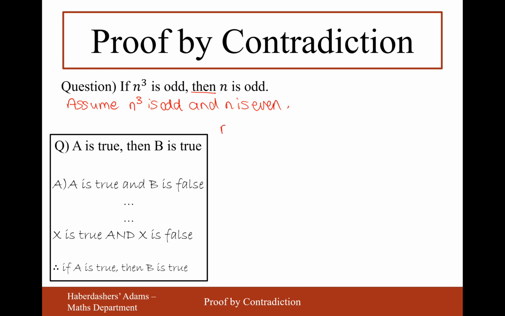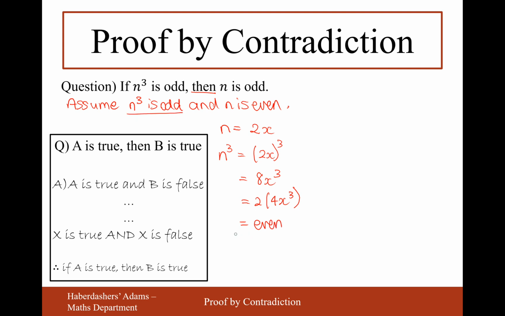Okay, so if n is even, then n can be represented as 2x. So then n cubed can be represented as 2x cubed, and that will be 8x cubed. But we could do a little bit of factorising just to really emphasise the fact here that this is an even number. It's 2 times something, which makes it even. And then we have our contradiction.